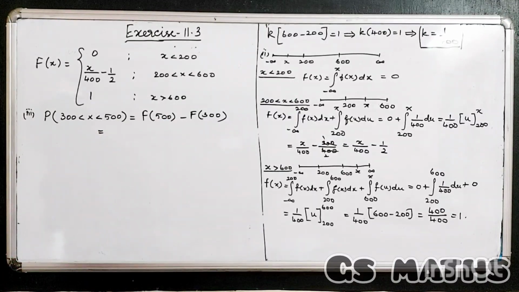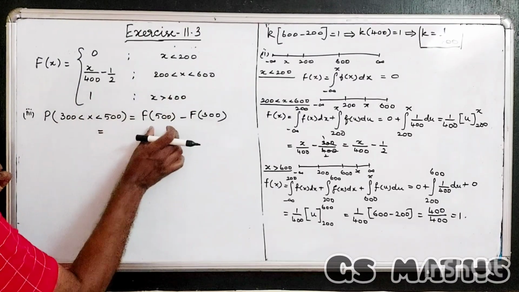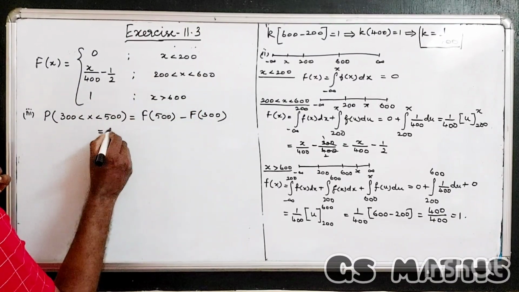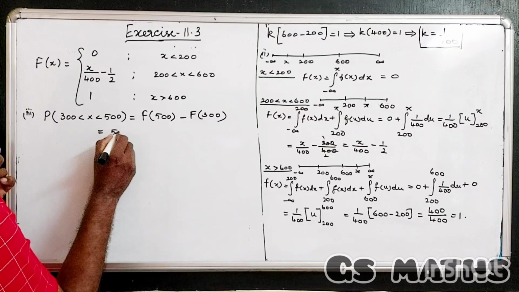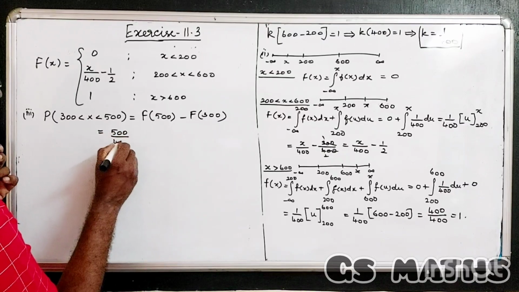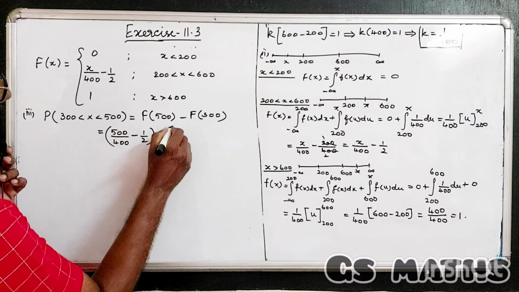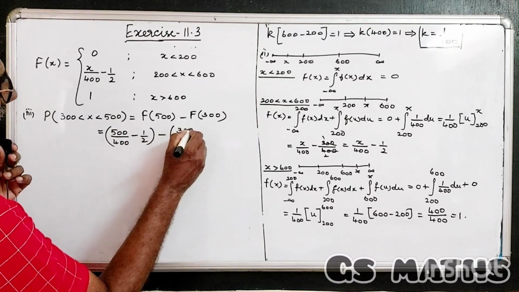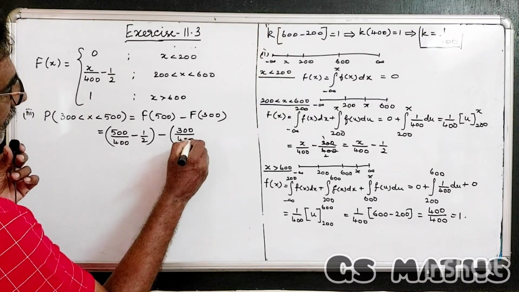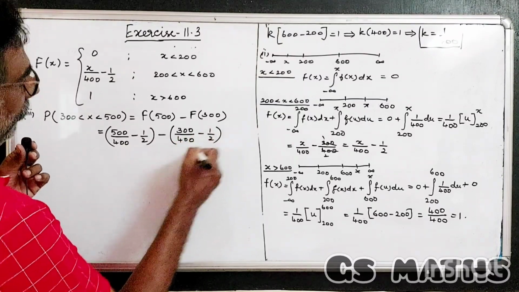What is capital F of 500? 500 and 300 both lie in this interval. So first I apply 500: 500 by 400 minus 1 by 2, minus 300 divided by 400 minus 1 by 2.